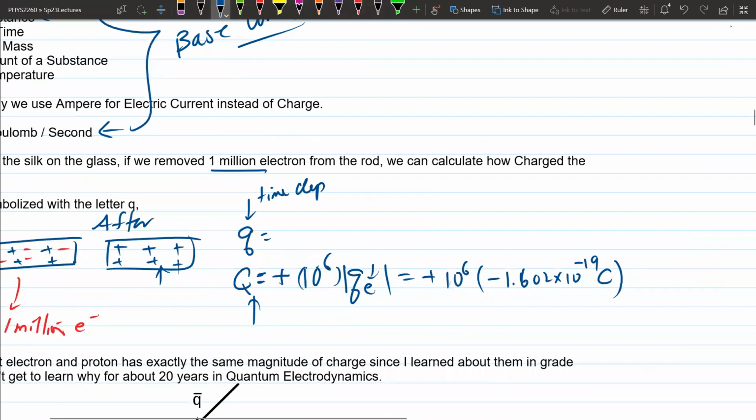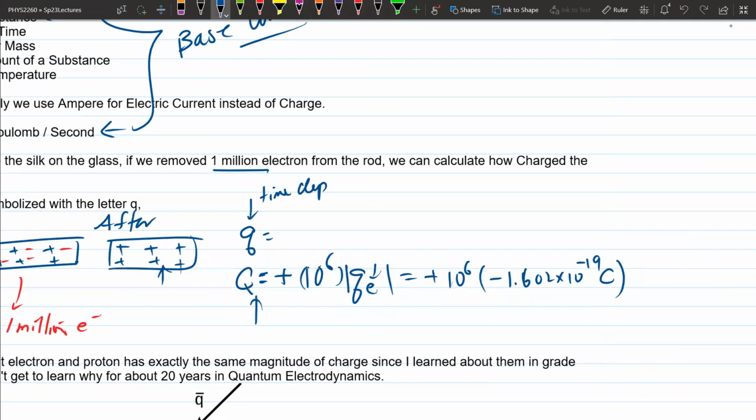The short letter for Coulomb is C. Since the charge removed gives you the opposite charge, that's why we have a positive here. So you multiply these two numbers together. The charge on the rod is going to be 1.602 times 10 to the negative 6 plus negative 19, that's 10 to the minus 13 Coulomb.